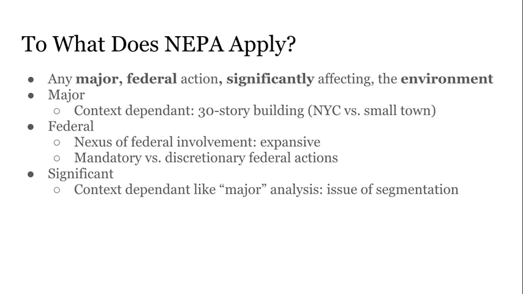So major, federal, and now significant. Significant is also context dependent, just like major analysis. One of the ways of thinking about that, which we talk about in the textbook, is segmentation. Segmentation is a process that has been used in a number of cases where a proponent of a project puts forward, say, an entire project of 100 new miles of highway construction, a brand new section of highway, or even a new highway in and of itself.